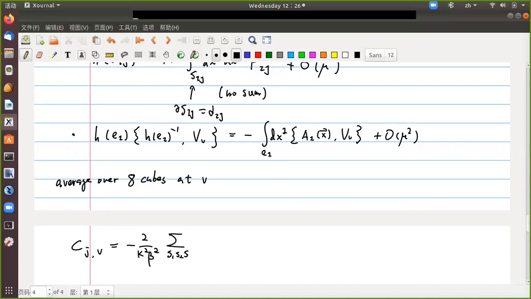And s1, s2, s3 equal plus or minus 1, and sum over i1, i2, i3 from 1 to 3, with s1, s2, s3 in epsilon i1, i2, i3.